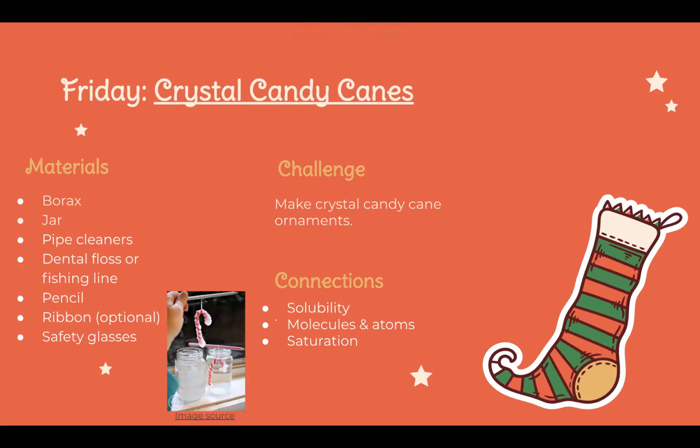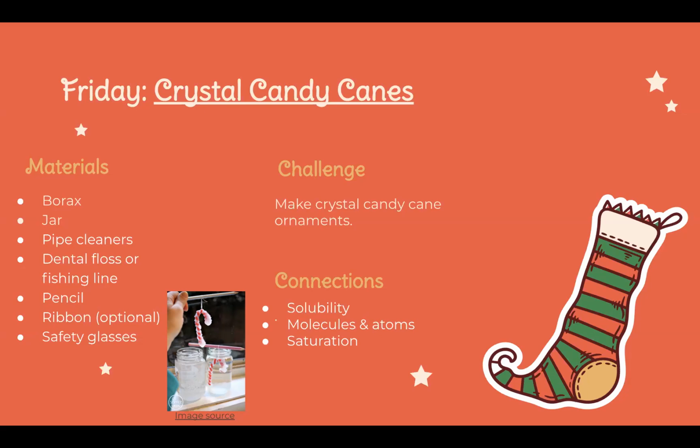So the materials for this particular activity are borax, a glass jar, pipe cleaners, dental floss or fishing line, a pencil, ribbon, which is optional, this is to put a tie on your ornament when it's done, and safety glasses or goggles.